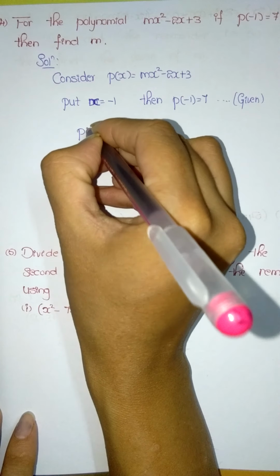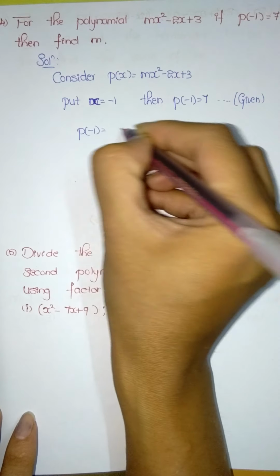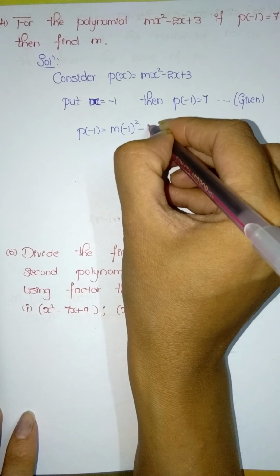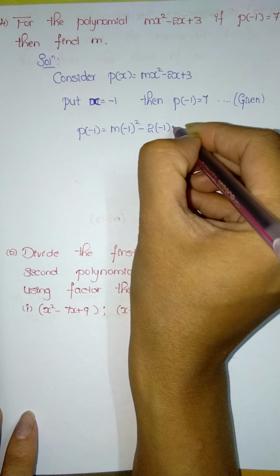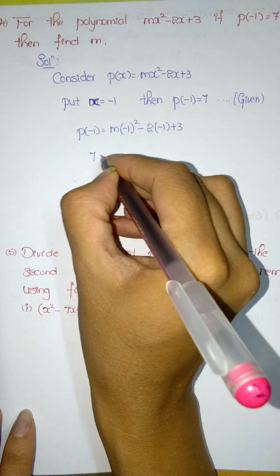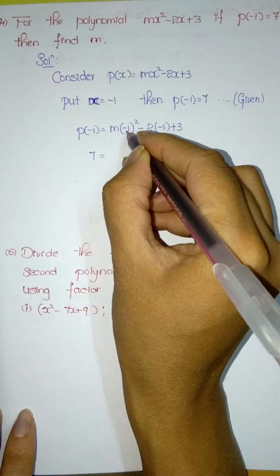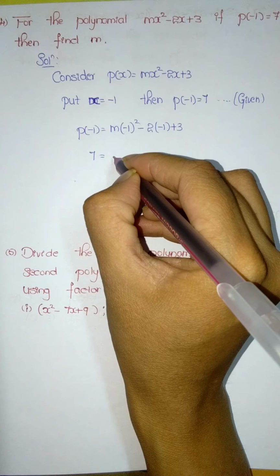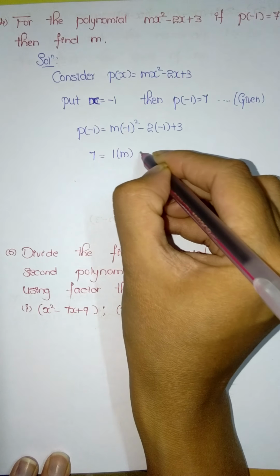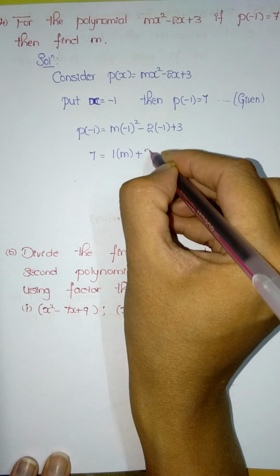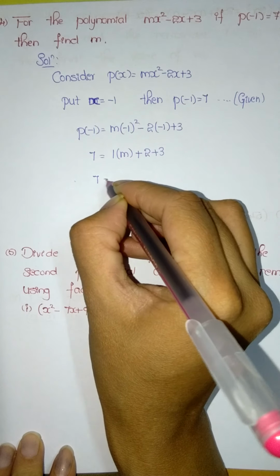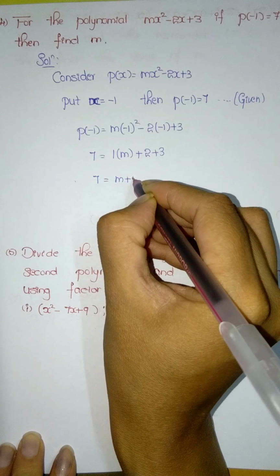So p of minus 1 equal to m into minus 1 whole square minus 2 into minus 1 plus 3. So p of minus 1 is 7. So 7 equal to minus 1 whole square is plus 1. So 1 into m, minus into minus plus, plus 2 plus 3. So 7 equal to m plus 5.